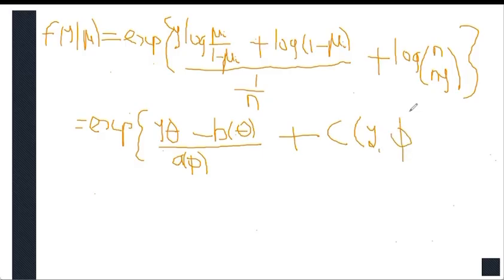So what you can actually see right now is that theta is going to be log mu over 1 minus mu.